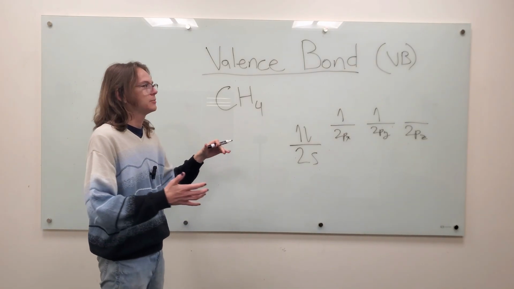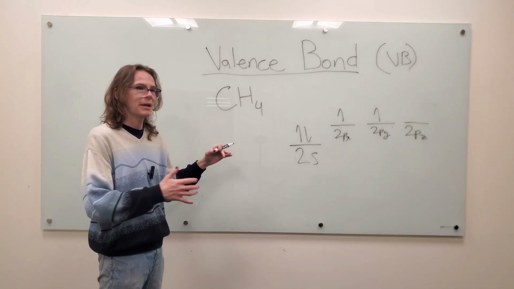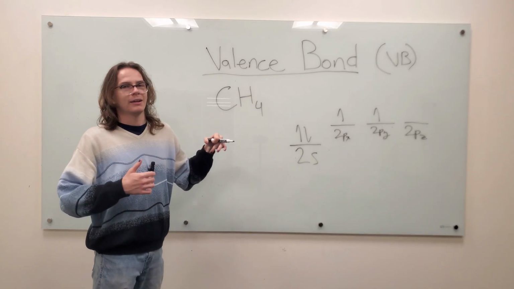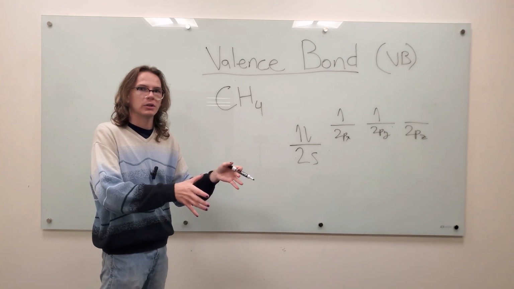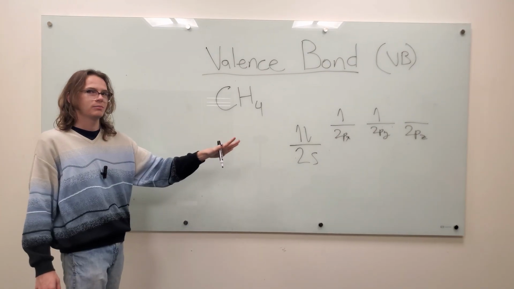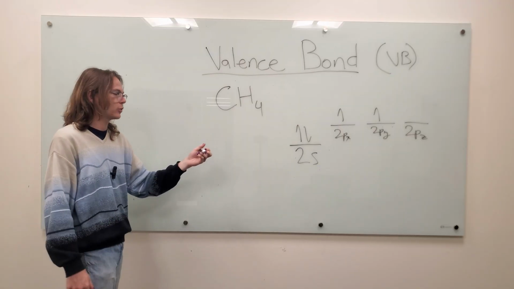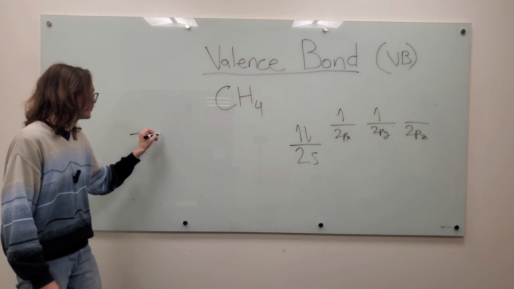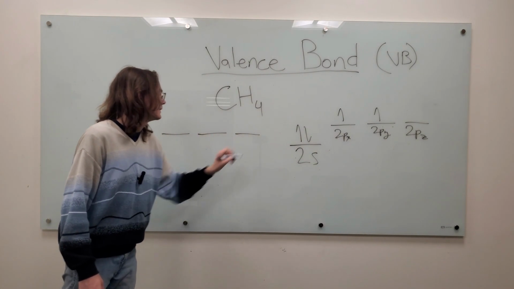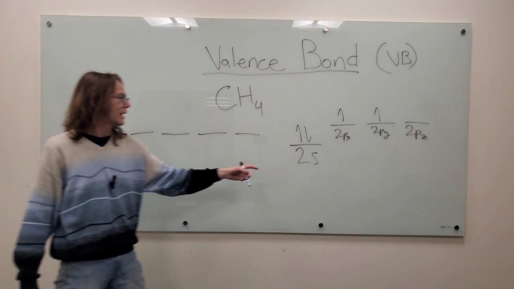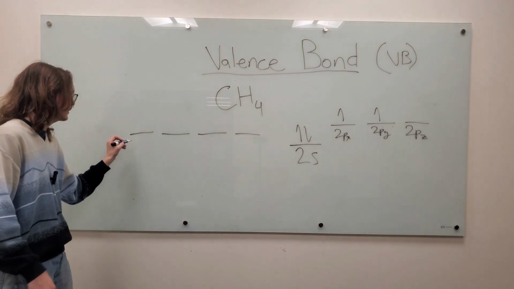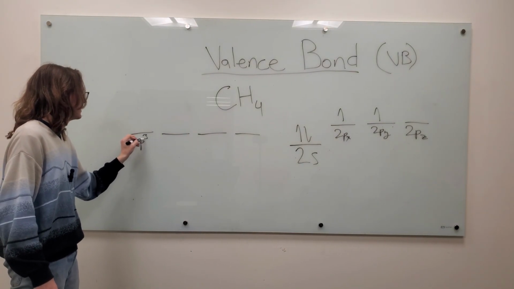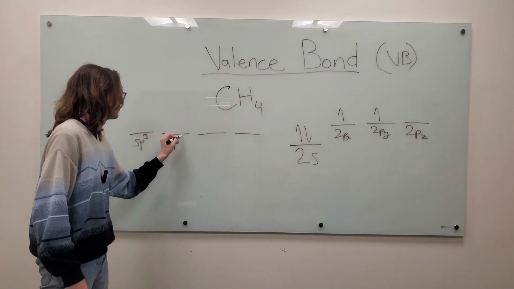But what actually seems to be the case is methane has equal energy orbitals when carbon bonds to all four hydrogens. What its energy level orbital diagram will look like is actually like this. We have our s and our p orbitals hybridize into sp3 orbitals.